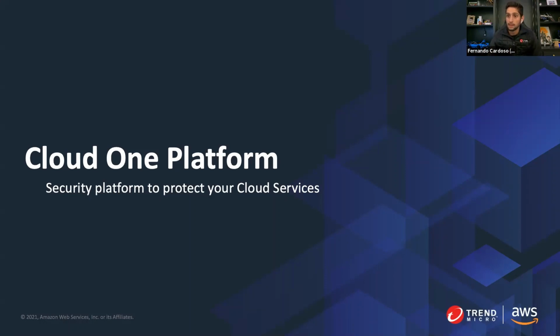And this is a very important question, because it is one of the most common questions that customers come to us and ask. Do I need some protection for my instance or specifically for cloud services? And the answer is yes.